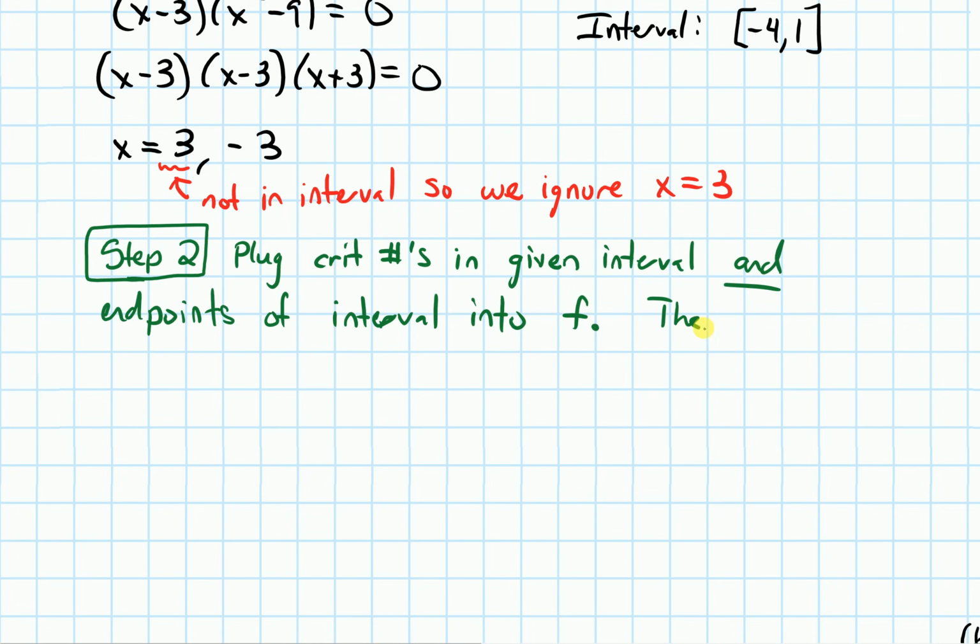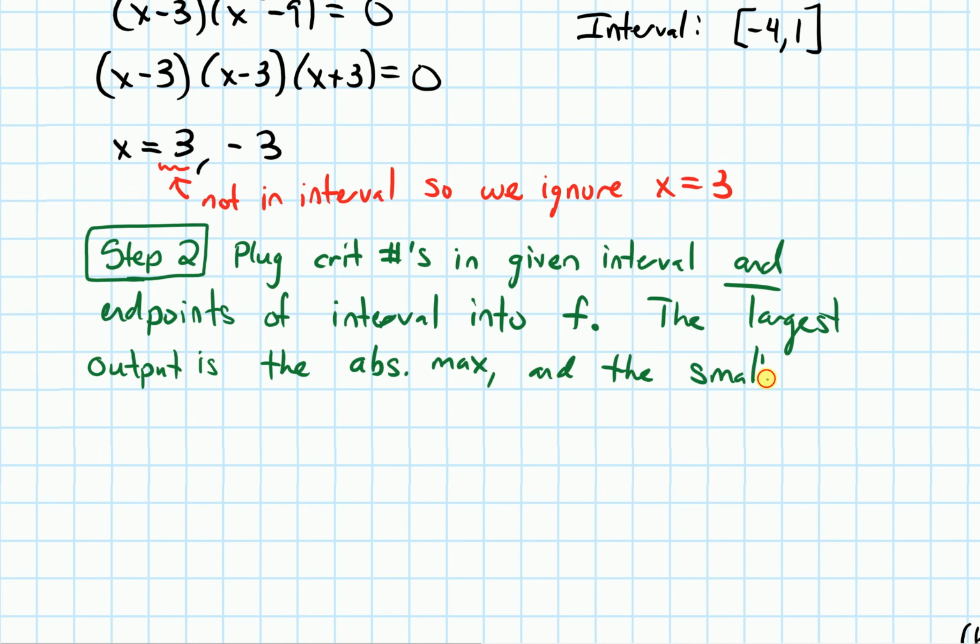When we do that, the largest output that we get is the absolute max. The largest output we'll get is the absolute max, and the smallest output is the absolute min.